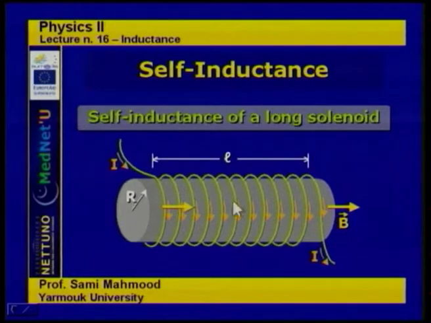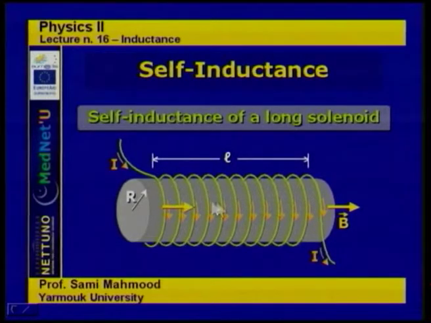When current flows in the loop, it is assumed to flow as shown in the figure, entering the solenoid from this end and leaving from this end. It will produce a magnetic field everywhere in space in general, and definitely a magnetic induction inside the solenoid as shown.